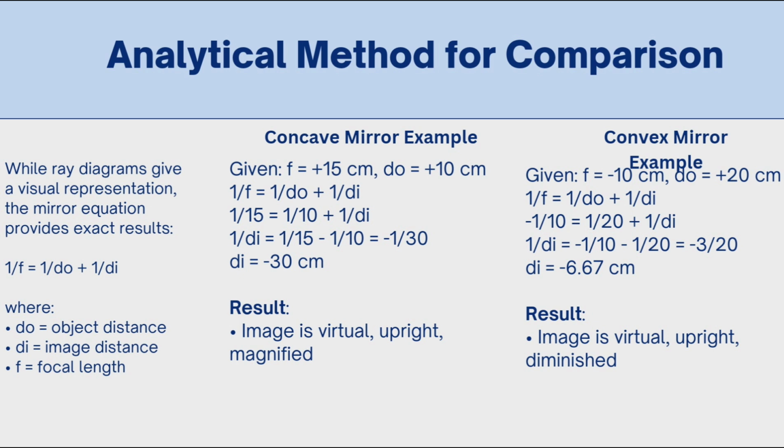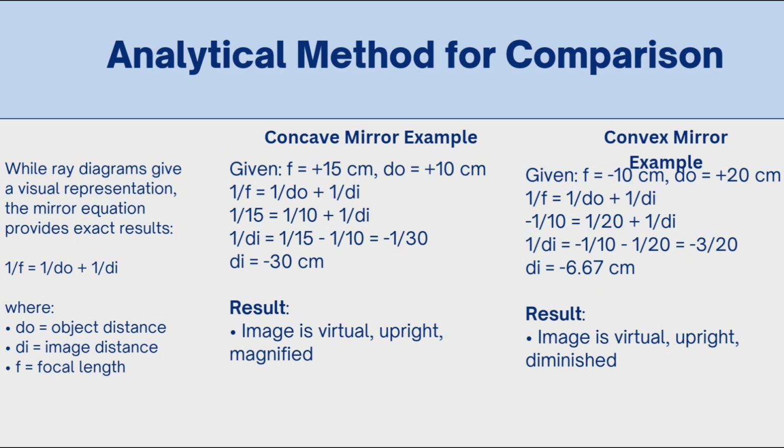So let's multiply side by side: 1 times 2 equals 2 over 15 times 2 equals 30, and 1 times 3 equals 3 over 10 times 3 equals 30. This gives us 1 over di equals negative 1 over 30.